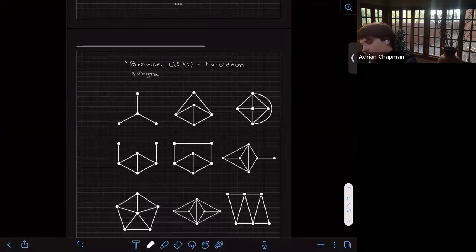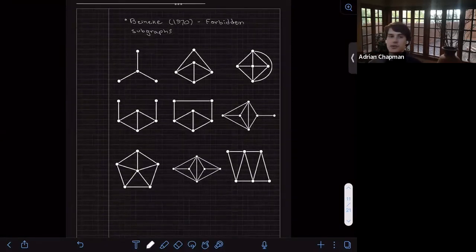It turns out that there are precisely nine graphs which constitute forbidden induced subgraphs of line graphs.